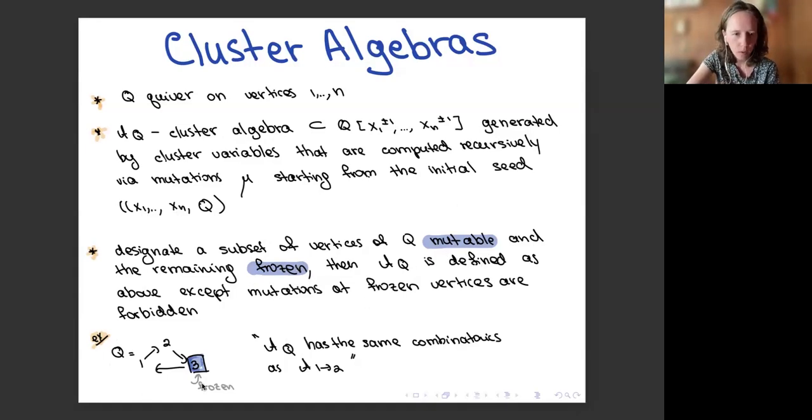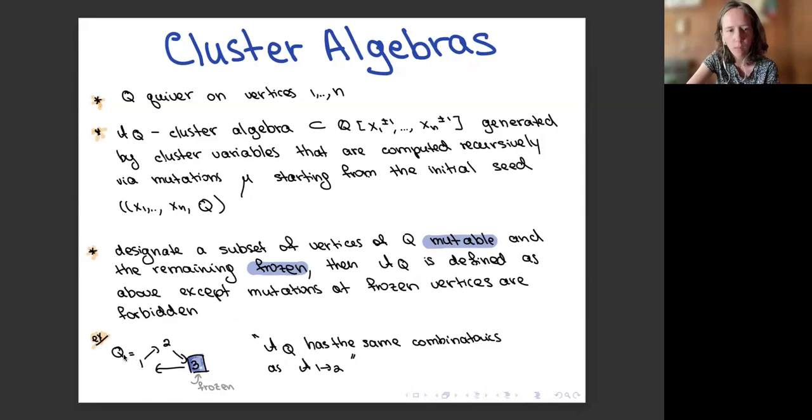For example, let's look at this quiver Q. These are three vertices, and I'm going to designate the vertex labeled 3 as being frozen. Usually one denotes frozen vertices by boxed vertices. The point is that the cluster algebra associated to this quiver really has the same combinatorics and the same structure as just removing the frozen vertex.